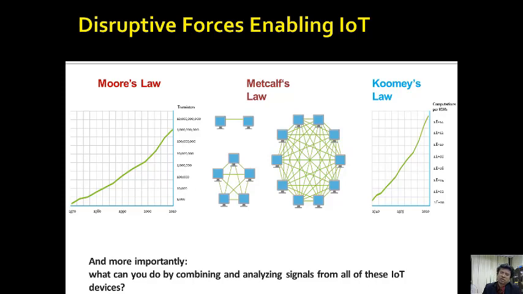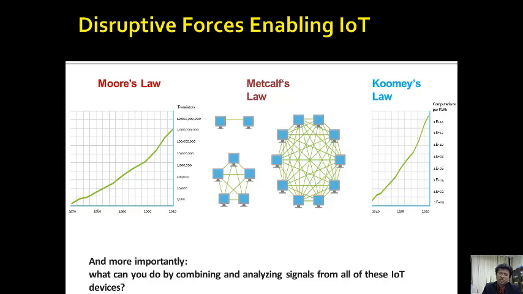Moore's law is the observation that the number of transistors in a dense integrated circuit doubles approximately every 2 years. Metcalfe's law states that the value of a telecommunication network is proportional to the square of the number of connected users to the system. And Koomey's law describes a long-term trend in the history of computing hardware.